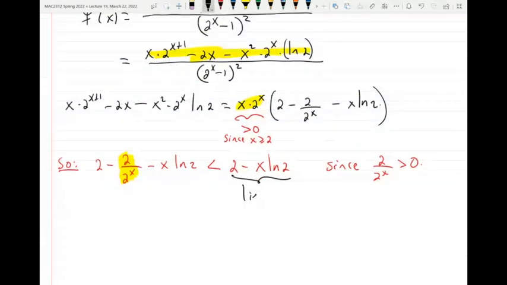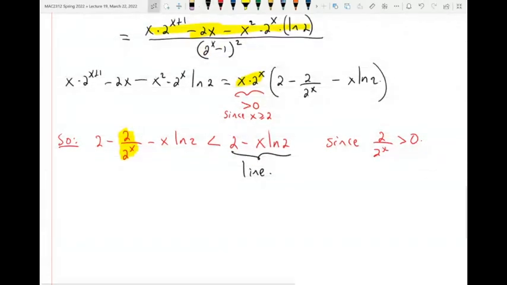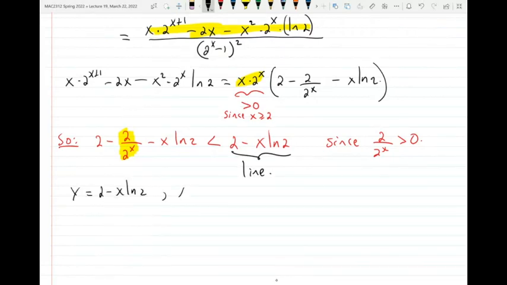So this is now a line, okay? We have the line y equals 2 minus x ln of 2, and let's just find its x-intercept. Let's figure out when it equals 0, right? When would that quantity hit 0? That happens at 2 over ln of 2.